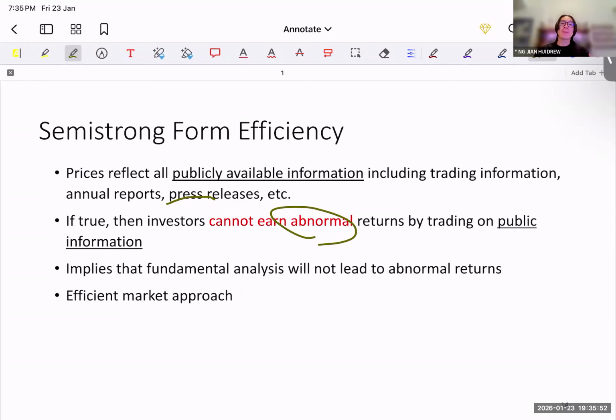However, if you do have some private information, this is where you can actually earn extraordinary returns. And because fundamental analysis is based on publicly available information, it means that if the market is in a semi-strong form, then your fundamental analysis would be useless. You will not be able to earn anything more than the market.